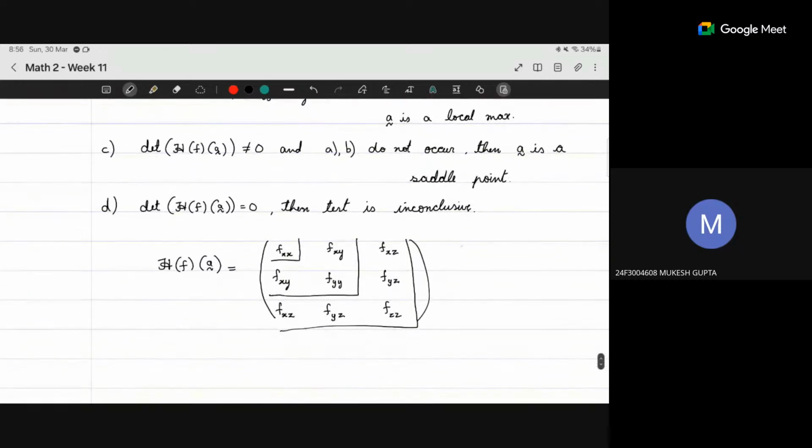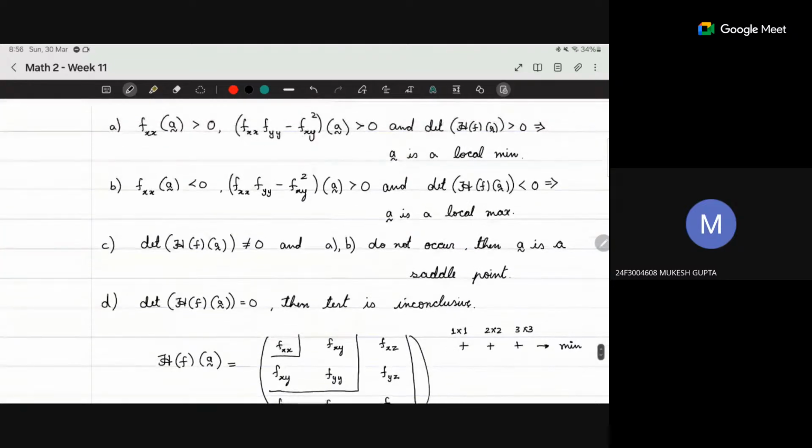If you have plus, plus, plus, you have the 1x1 determinant plus, the first 2x2 plus, and the 3x3 determinant also plus. This corresponds to a minimum.